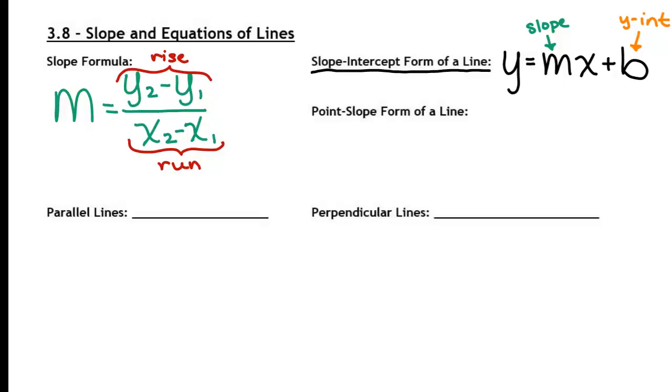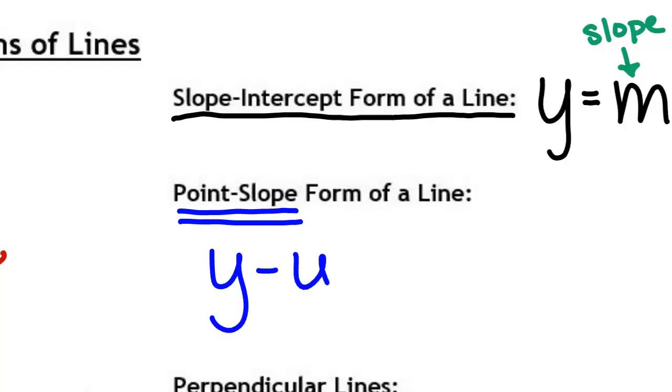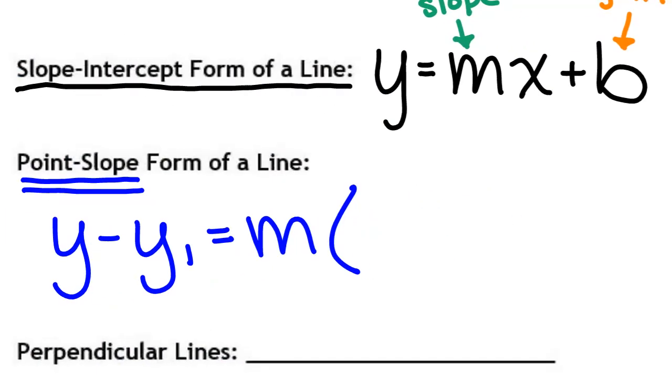Now this other form of a line is another way to write the equation of a line. I'm not sure if you guys saw this one in Algebra 1 or not. It's called point slope form. This is y minus y1 equals m, and then parentheses, x minus x1.